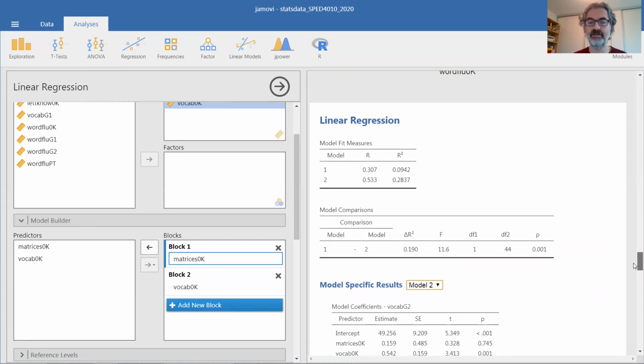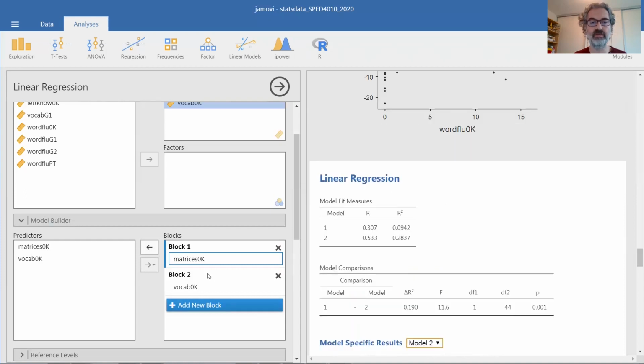How that's different from looking at them together, if you use the different blocks, the difference is here. So the first model accounts for 9.4% of variance in the dependent variable. The second model accounts for 28% of the dependent variable's variance.